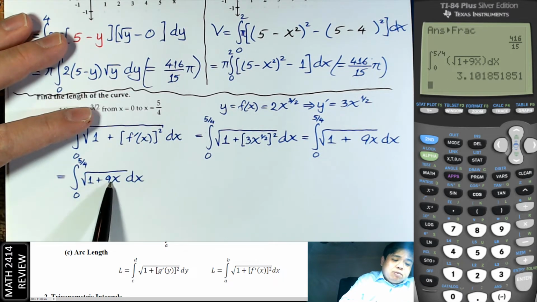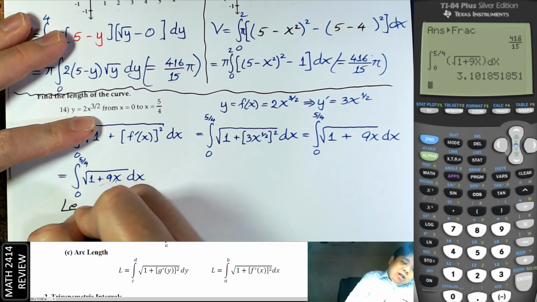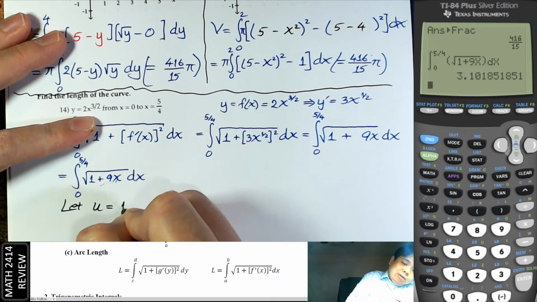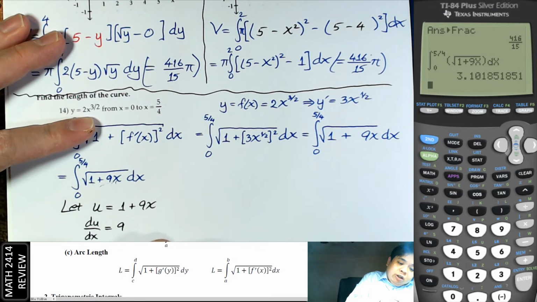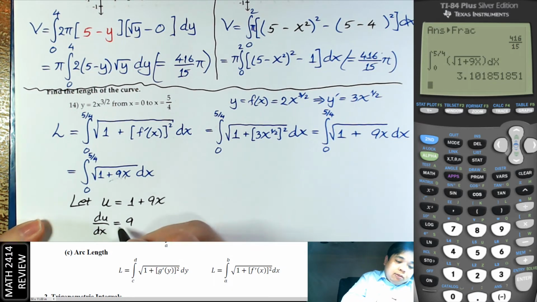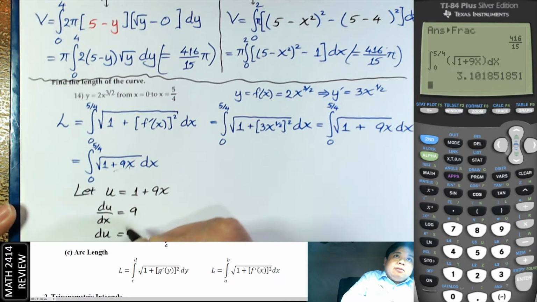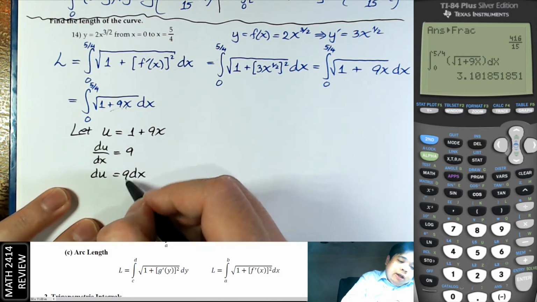This one I use substitution. Let u be the inside of the square root here. So take the derivative, move the dx, and then divide by 9.